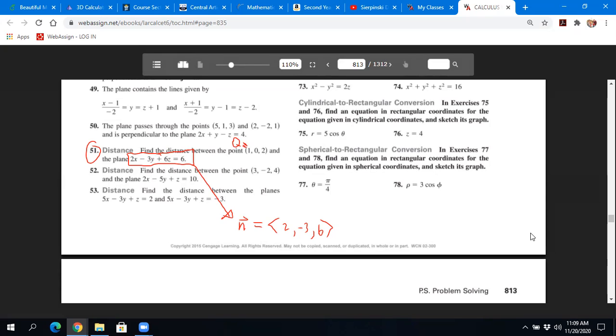What is a point on this plane? Can you think of a point that's on this plane? So a point on the plane, P equal to, can you think of a point that's on this plane?